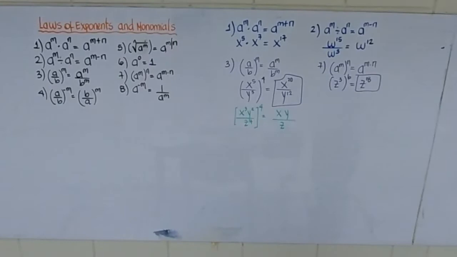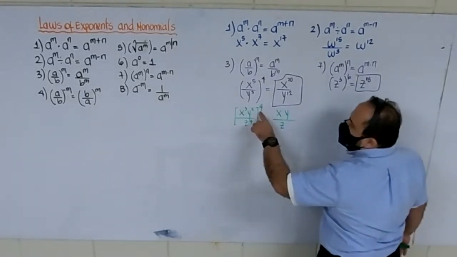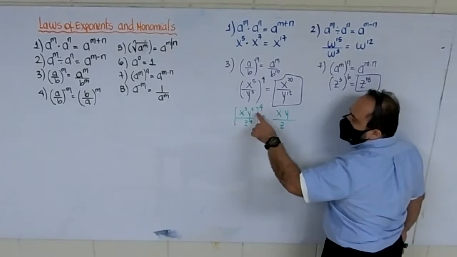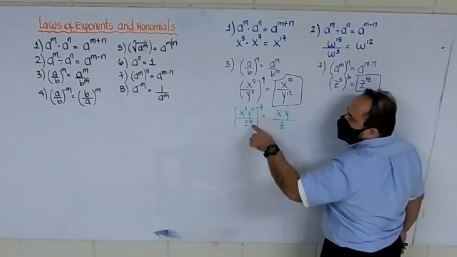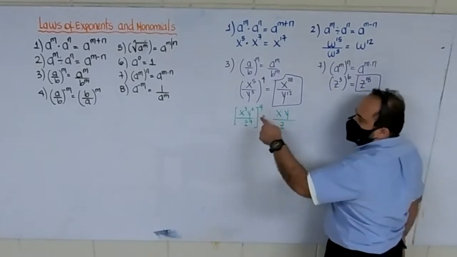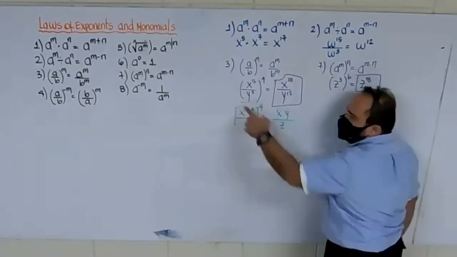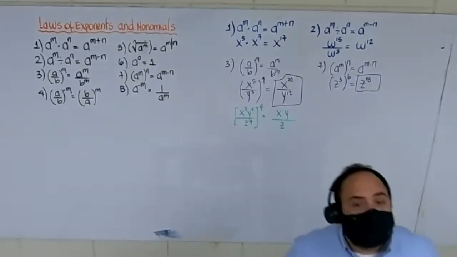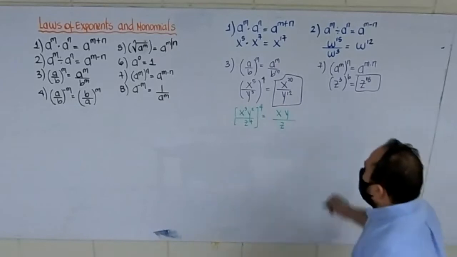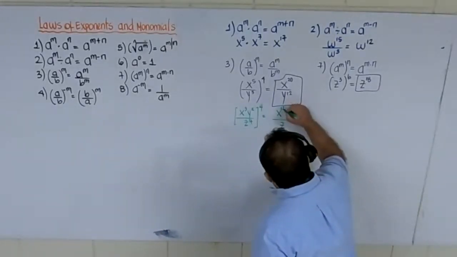How about the powers? Simple. Every power must be multiplied by the exterior power. I mean, this number 4 will be multiplied by 3, by 2, and also by 4. So in simple words, 4 times 3 will be equal to 12. 12. Okay, will be x to the 12 power.